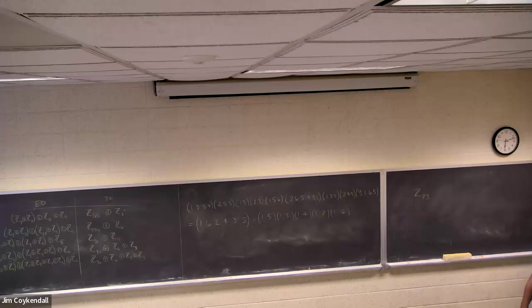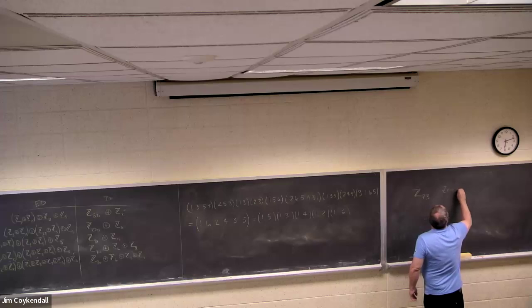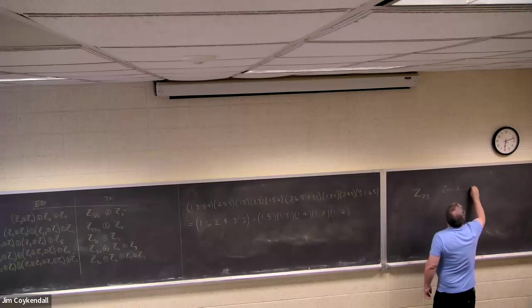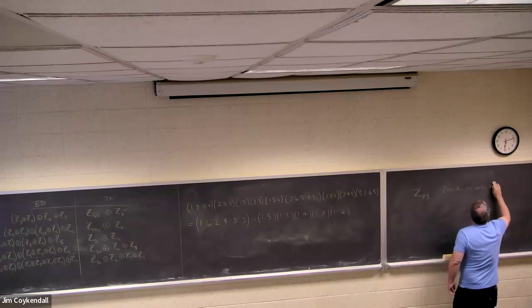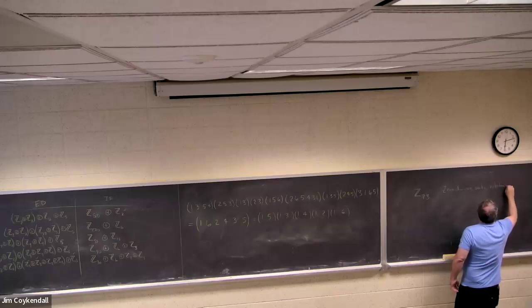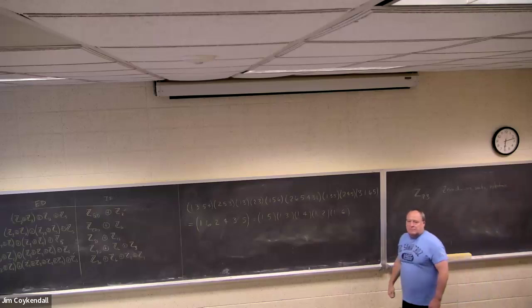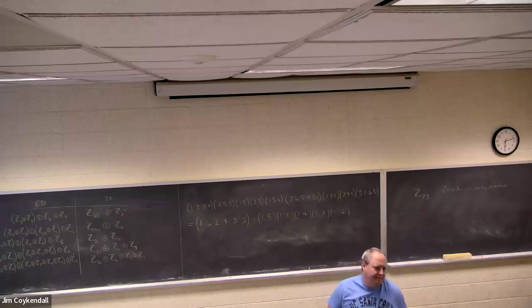Okay, so I want to find zero divisors, units, and nilpotents. Let's start with the units.